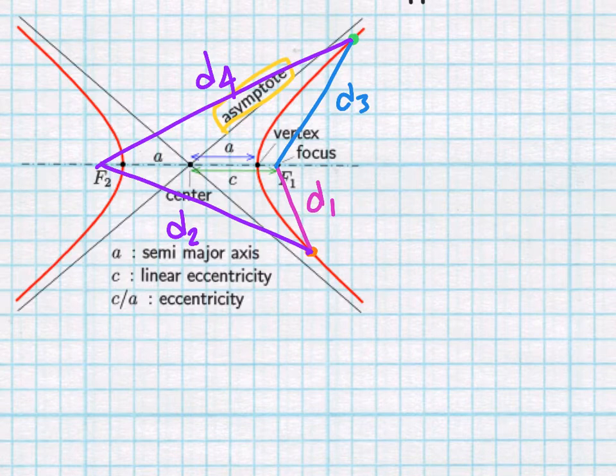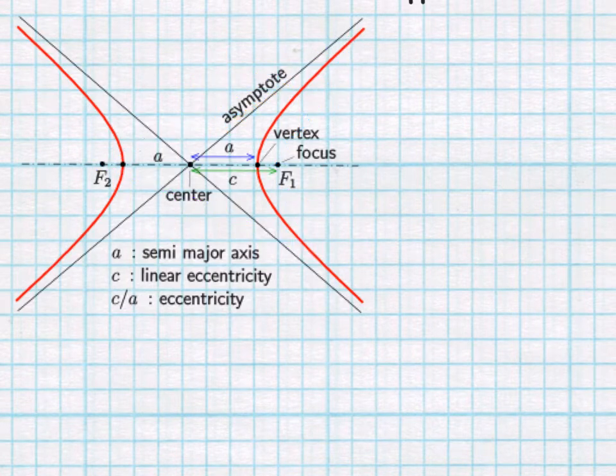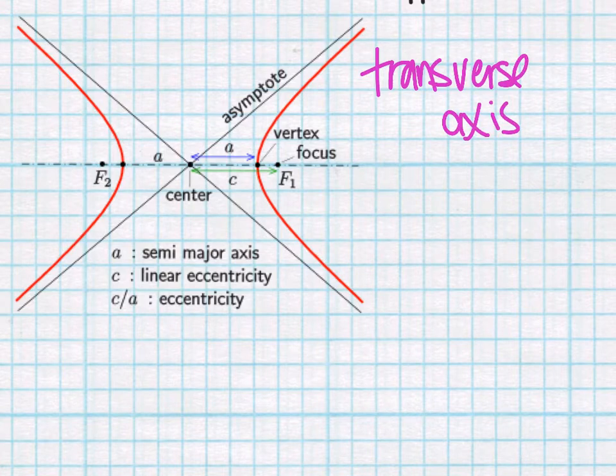Okay, there's another couple things we want to talk about on this diagram. So we have an axis. There's a semi-major, semi-minor from the ellipse. Well, there's an axis called the transverse axis. So this basically means that it crosses, it goes across from one side to the other.